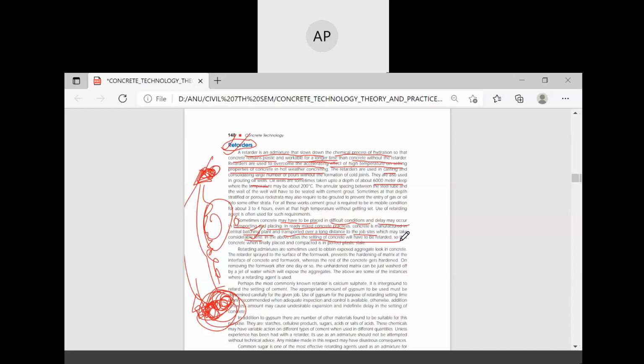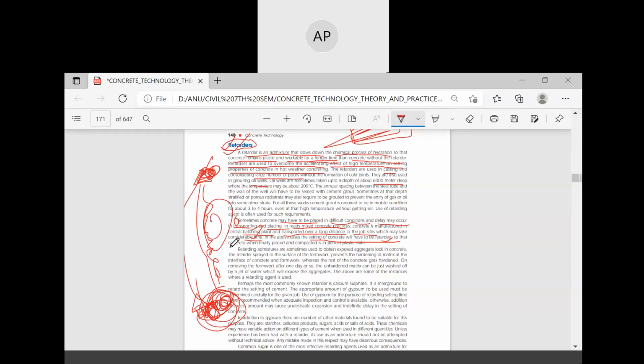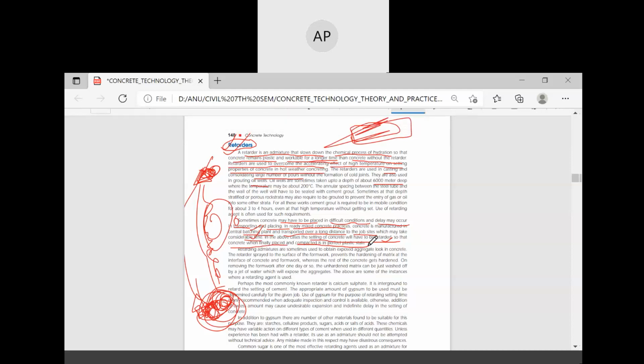The concrete will start hardening, and after that it will be of no more use to fill the columns or foundation parts, isn't it? So we have to use retarder so that the concrete, when finally placed and compacted, is perfect in plastic state. To keep the concrete in plastic state, we use retarders.